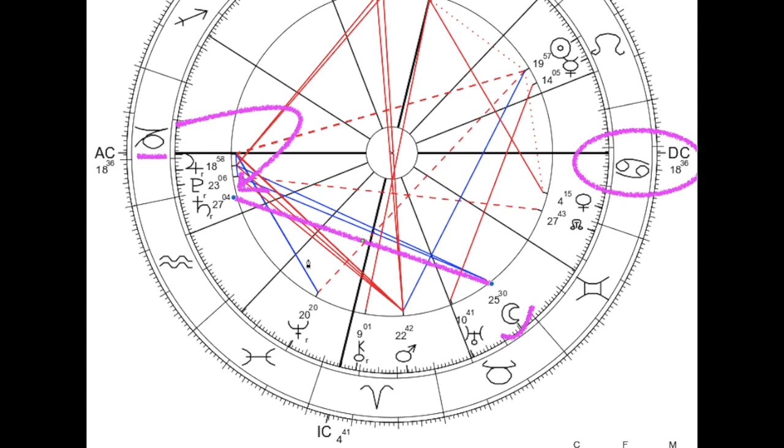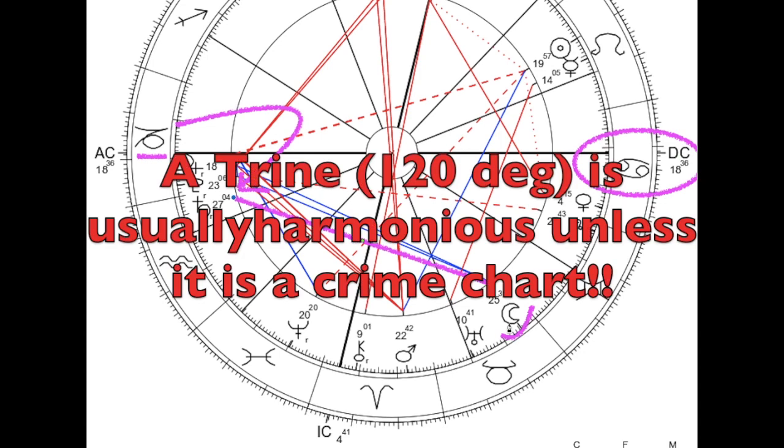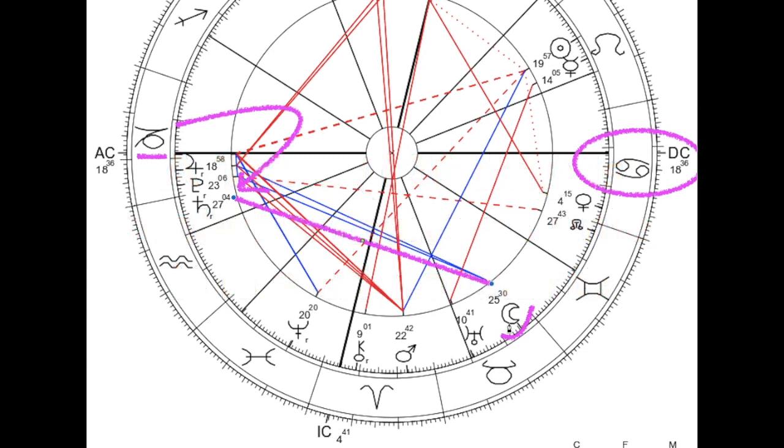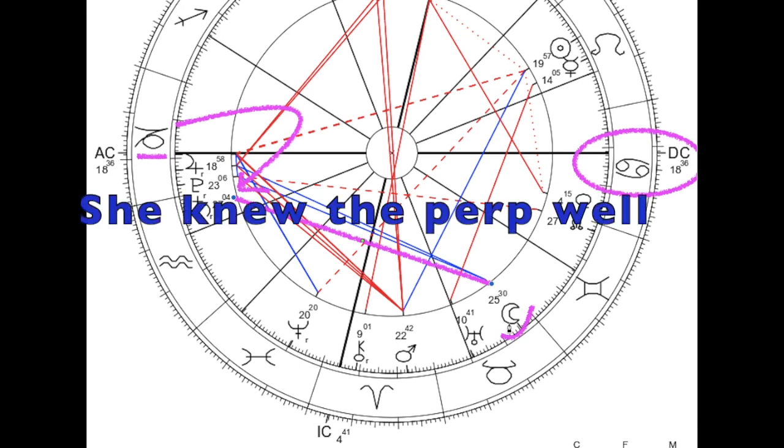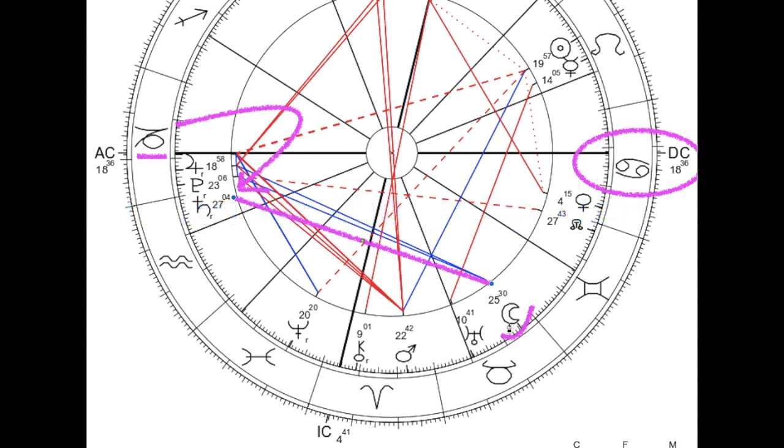Now it happens to be a trine, which is 120 degrees, which is often looked at as a good aspect. When we're looking at a perpetrator and a victim, it shows me a clear line between one and the other. They know each other well. So I truly believe that she knew who did something to her.